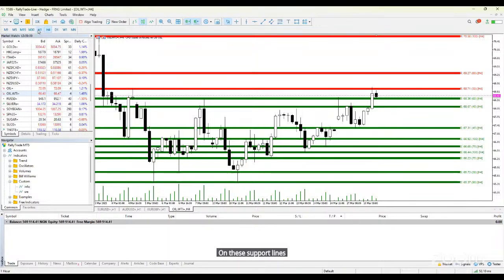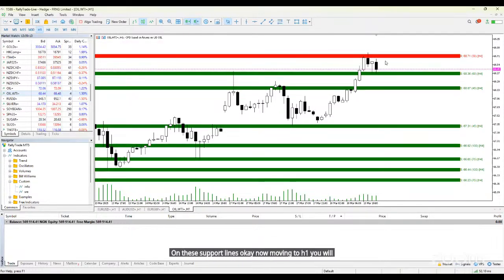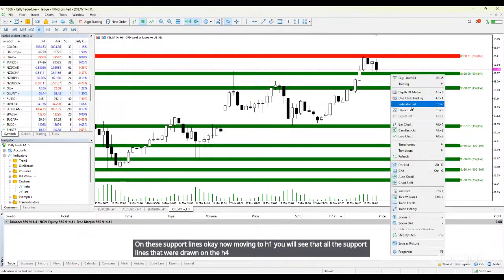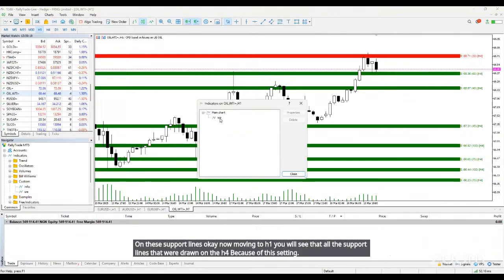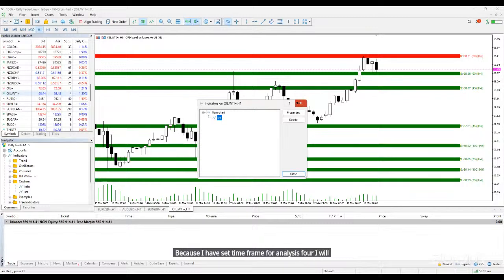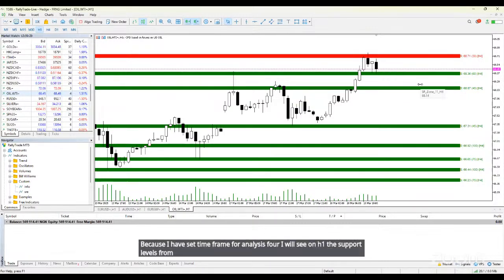Okay. Now moving to H1, you will see that all the support lines that were drawn on the H4, because of this setting, because I have set time frame for analysis 4 hours, I will see on H1 the support levels from H4, or I can set it for daily, and so on and so forth.